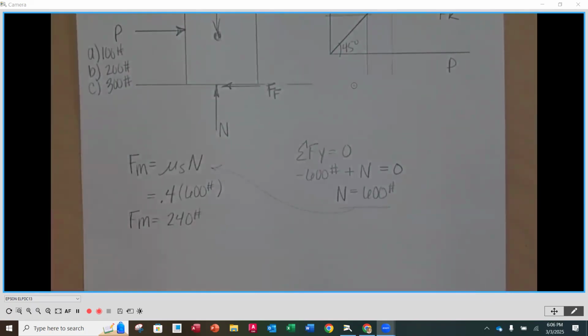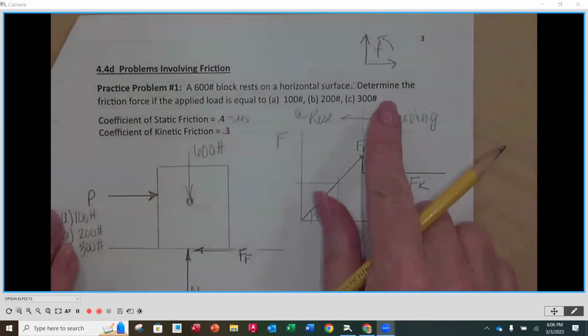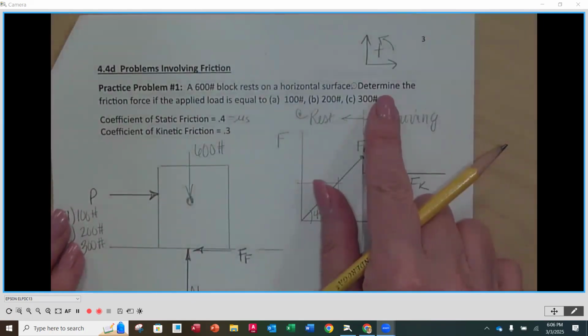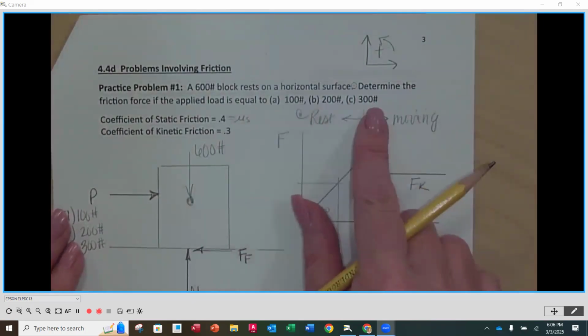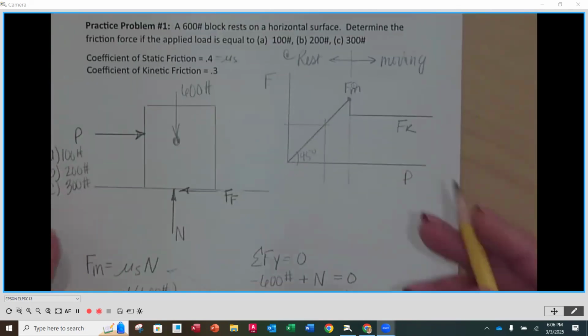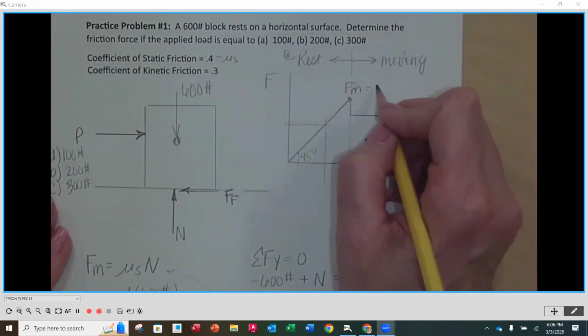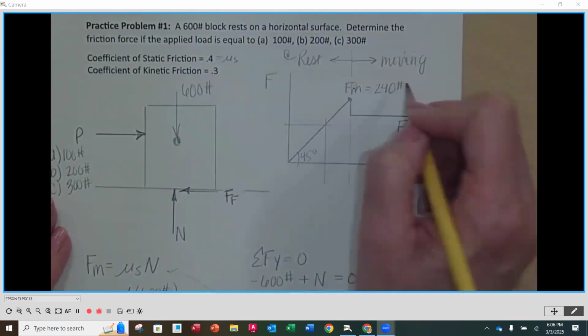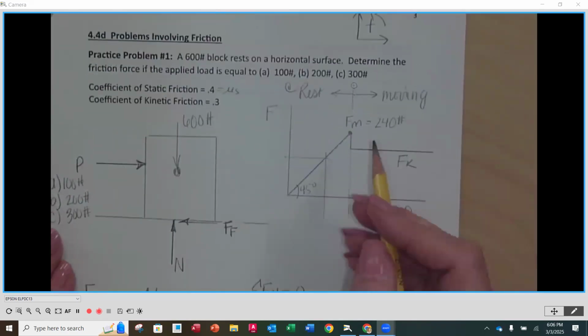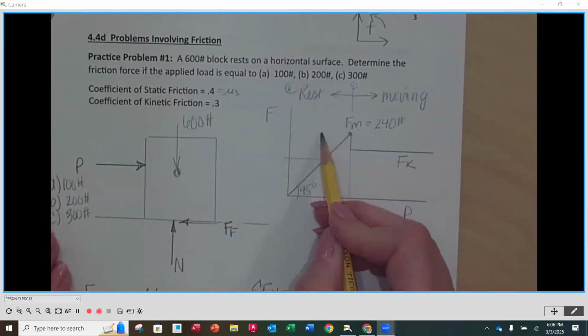Now, that is not an answer that they're asking for. They're asking us to determine the friction force when I'm at 100, 200, and 300 pounds. If I know that my maximum friction force here is 240 pounds, that means anything on the left-hand side is not moving, and my friction force is equal to my pushing force.